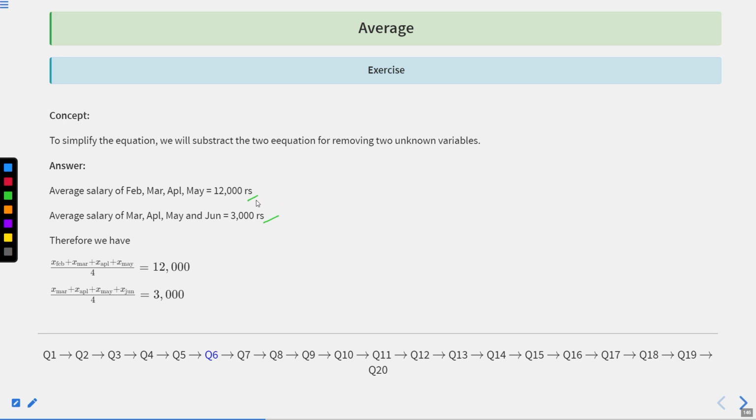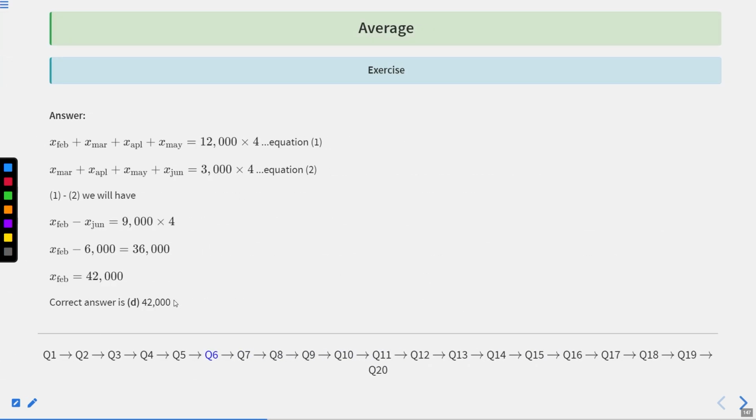If I represent this information in mathematical form, the sum of salary during these 4 months upon 4 is 12,000. The sum of salary during these 4 months upon 4 is 3,000. That is what is given to us here.